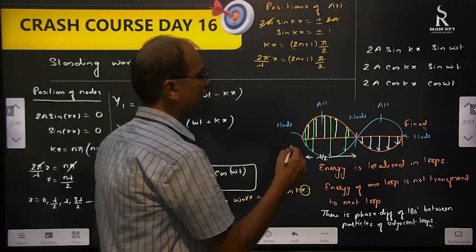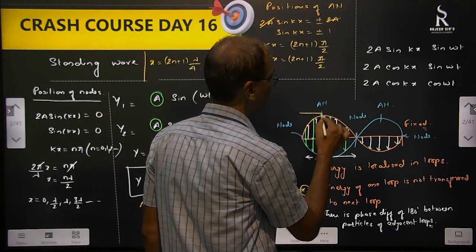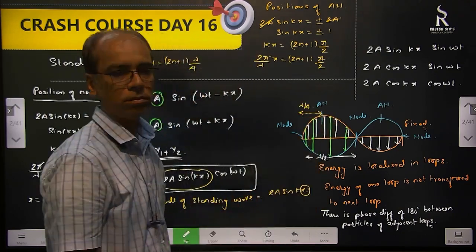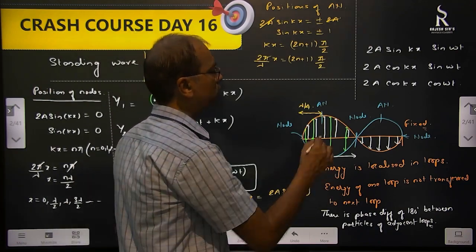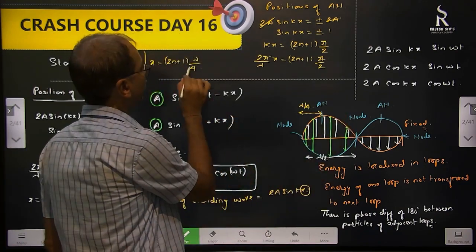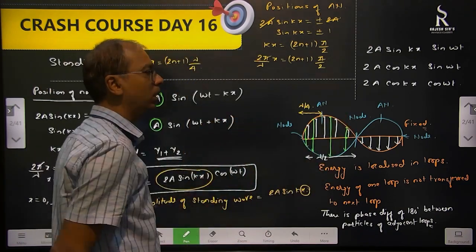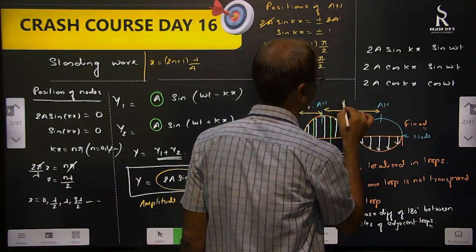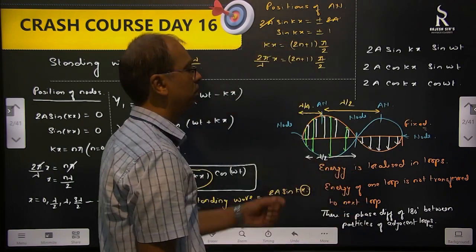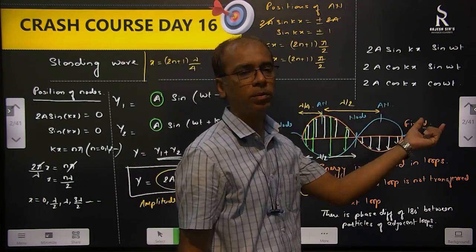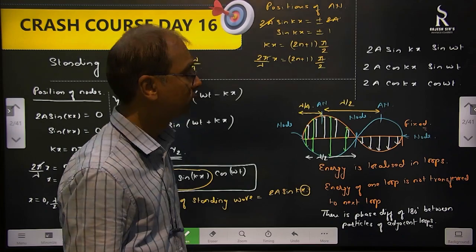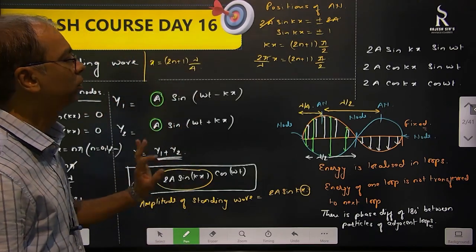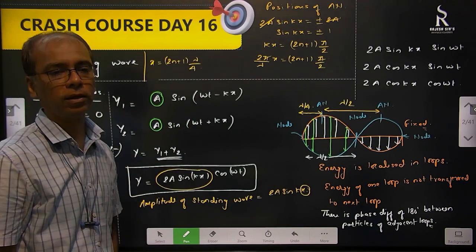So from here to here, this is lambda by 4. Then antinode to antinode: the first value is lambda by 4, another value is 3 lambda by 4. So between antinode and antinode also, the gap is lambda by 2. So lambda by 4, 3 lambda by 4, 5 lambda by 4, 7 lambda by 4, like this will be the positions of antinodes. So this way we can find the positions of nodes and antinodes in a standing wave.